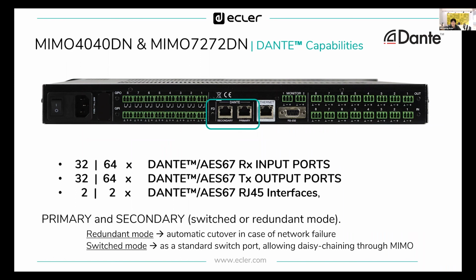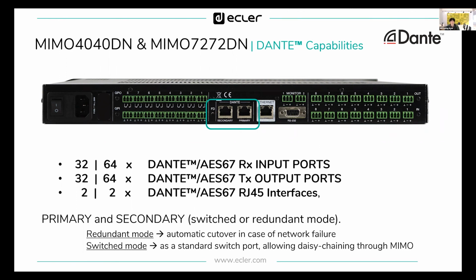And we have 2 RJ45 Dante interfaces, the primary and the secondary. What for? Some Dante devices have these 2 ports to provide redundancy, to have it in redundant mode. So if a network falls or breaks, the other one takes place and the audio is not affected.